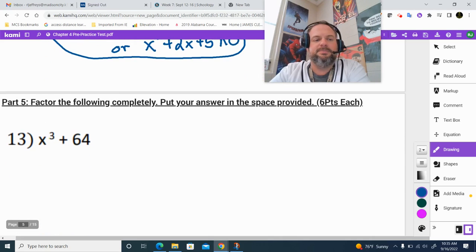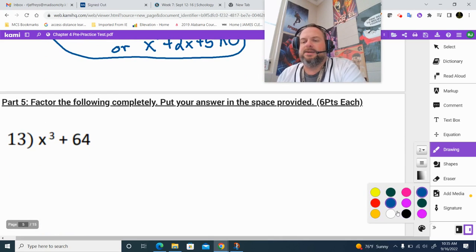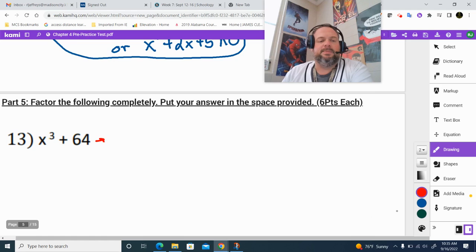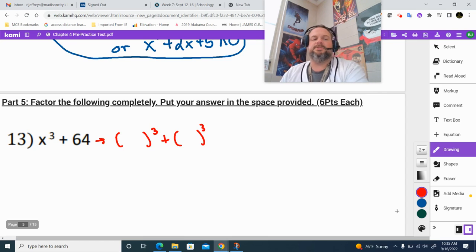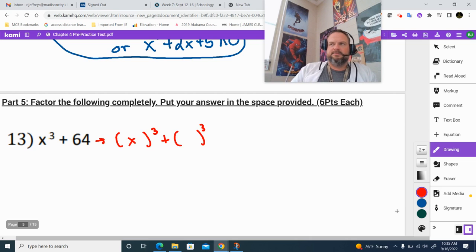Now, factor completely. Okay. The first thing we have to do is find the cube roots of both of these terms. Well, the cube root of x to the third is x. The cube root of 64 is 4.